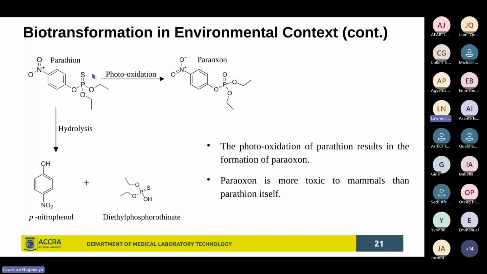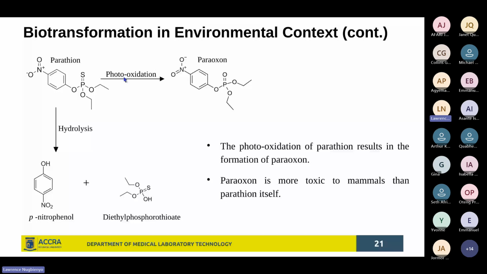And then you have another pathway, which is hydrolysis, where clearly you see that the sulfophosphoryl group is removed, and a hydroxy group replaces it to give you paranitrophenol. So here too, you see 2 things happening. Photooxidation occurs just by exposure of the substance to, say, sunlight, and a more toxic substance is formed. Or you have hydrolysis, where the substance is broken into two compounds.